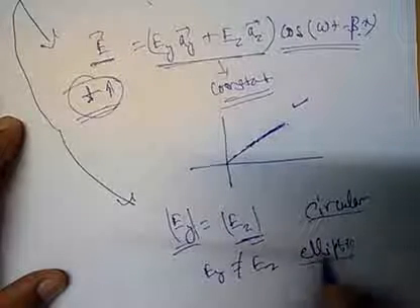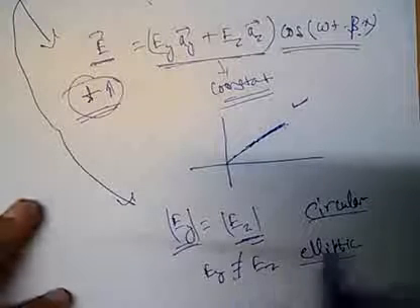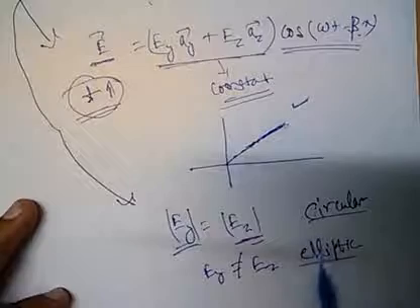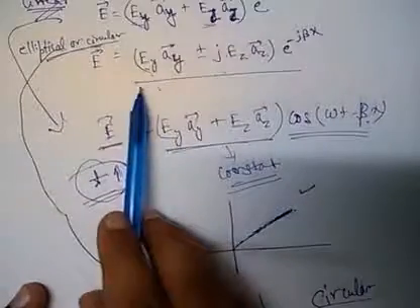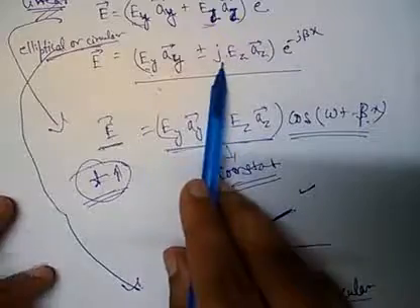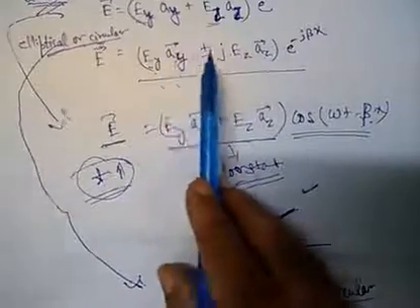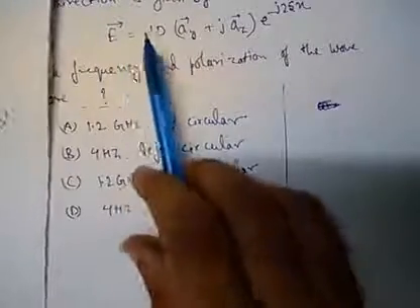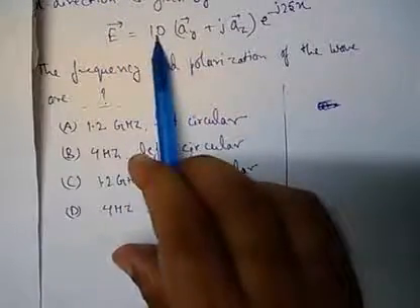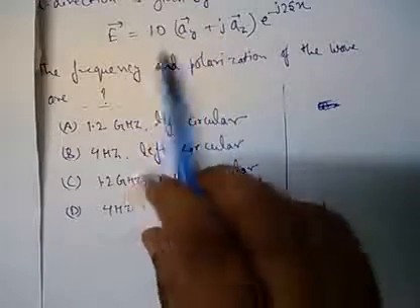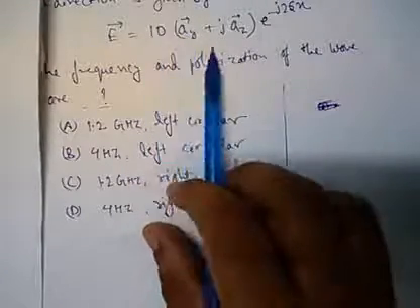So we have already understood that the type of polarization, circular or elliptical, we can easily detect by checking whether these two constants are equal or unequal. So here in the given question we can easily detect that the two components, vector Ay 10 and here also 10, the magnitudes are equal, so this is circular.